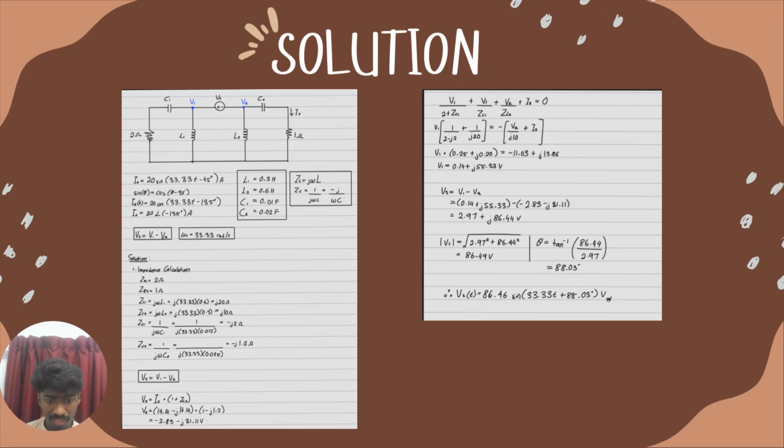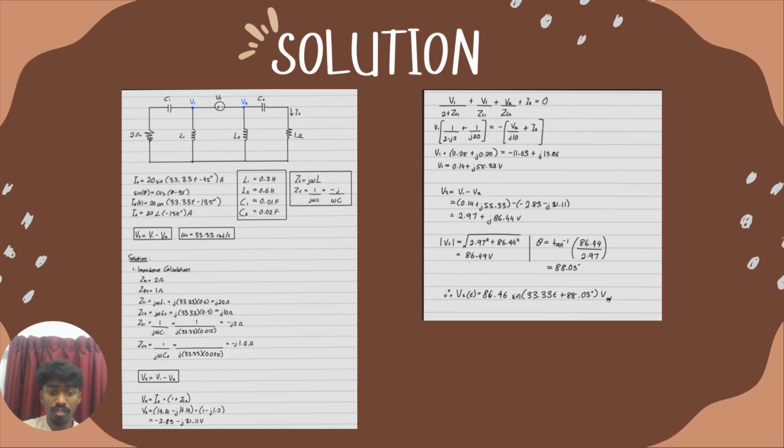So the equation is V2 equals IO times R2 plus ZC2. We multiply the current phasor by the total impedance of the branch, which is 1 minus J1.2 ohms. The result is 2.83 minus J3.11 volts.